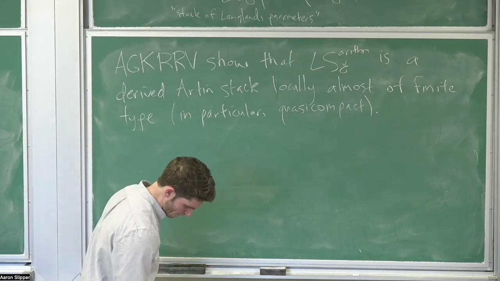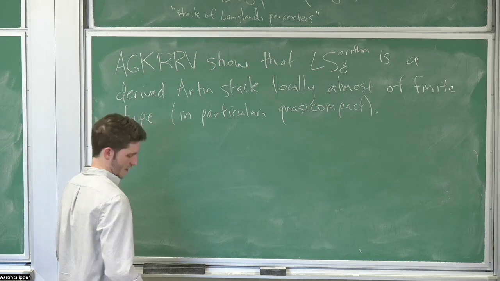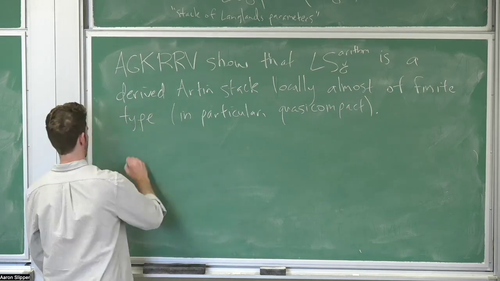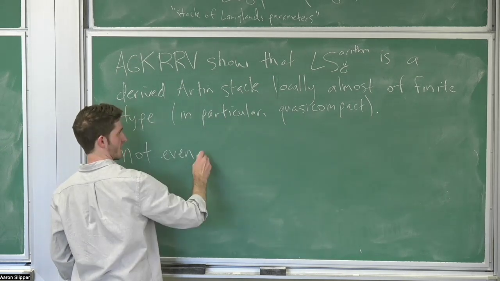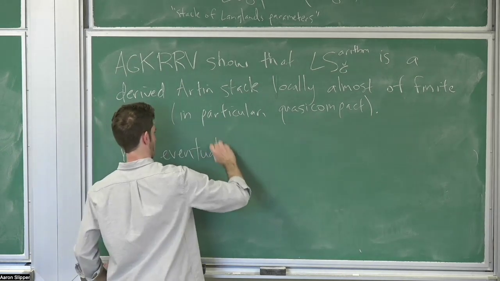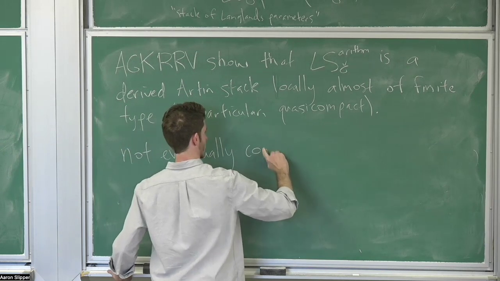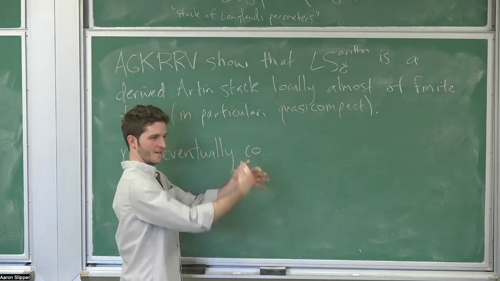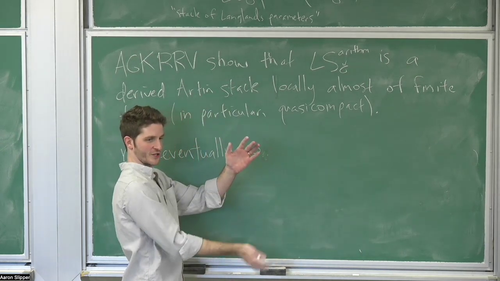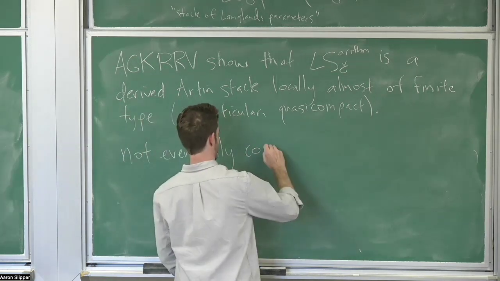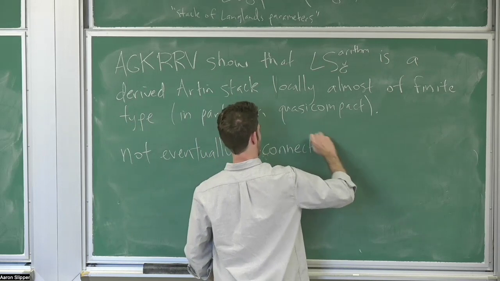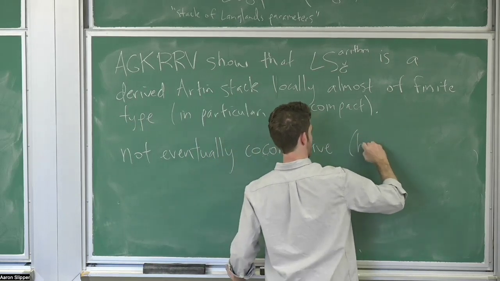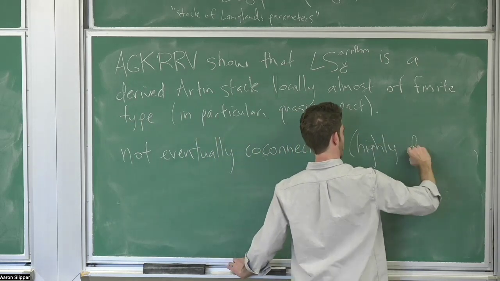And it is, however, not eventually coconnective, which is why I said almost of finite type. So what that means is that the structure sheaf is kind of unbounded below. It's derived, and actually the cohomologies go off to minus infinity. And you should think that means, in some sense, it's kind of highly derived.